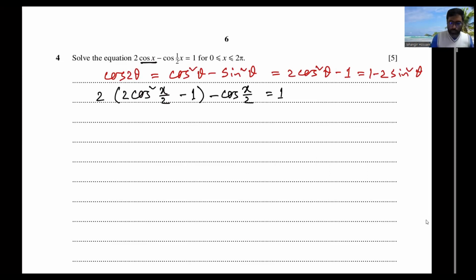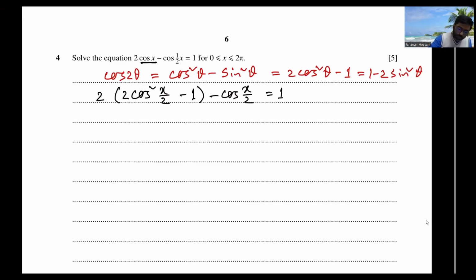So now we have the angle x by 2 for both cos. Now we have a quadratic equation in cos x by 2. So solve it to find the value of cos x by 2.